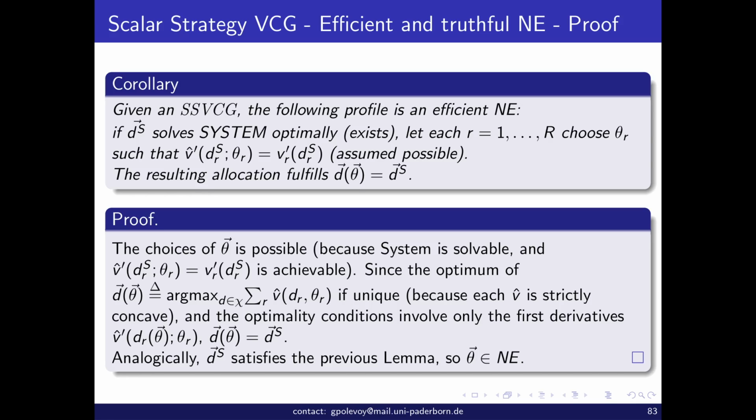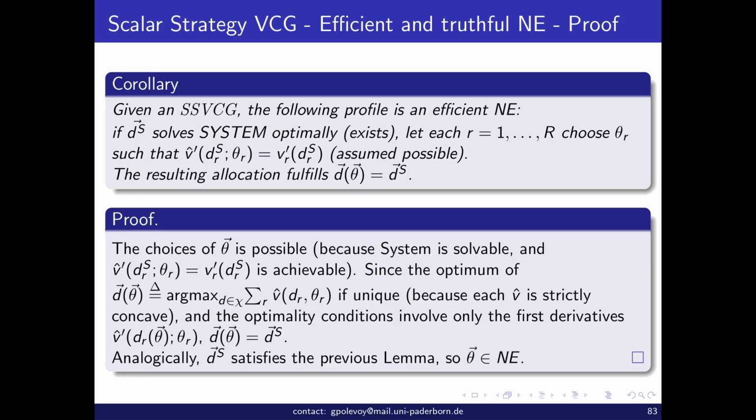The choice of theta is possible. Choices for the different players are possible because of the compactness of the domain of allocations and the continuity of the actual utility functions. The system is solvable.